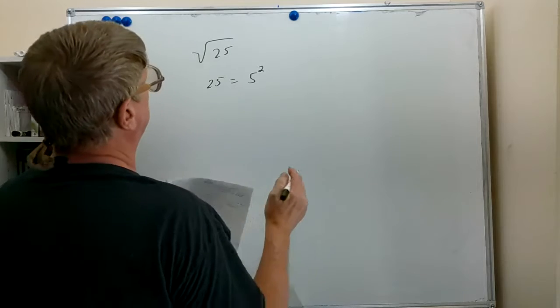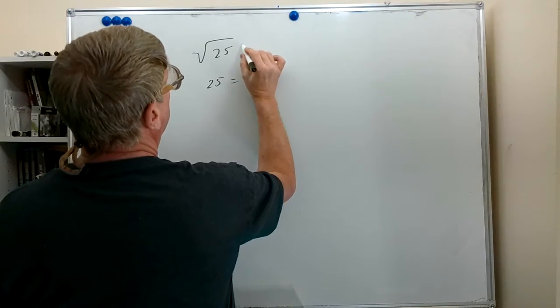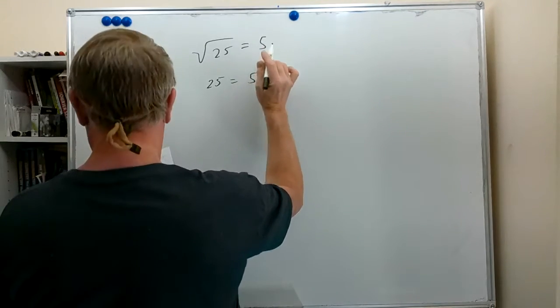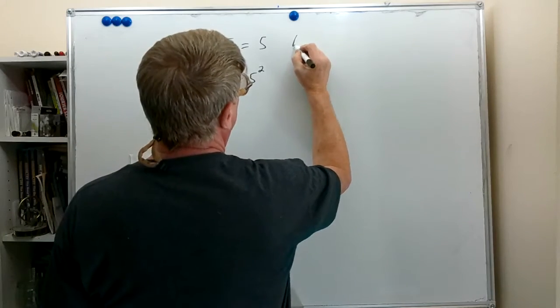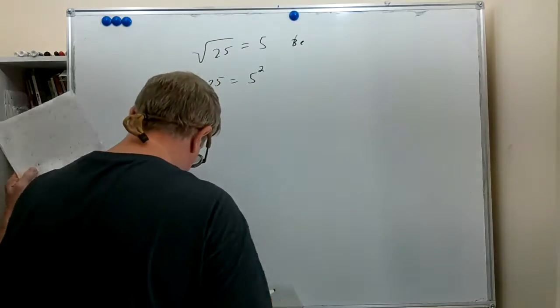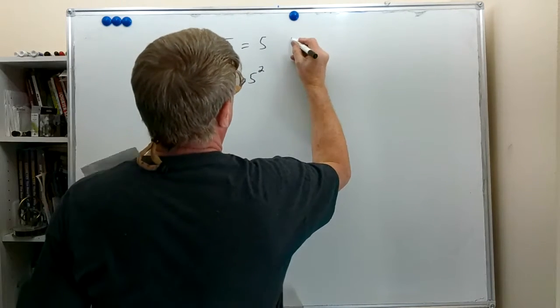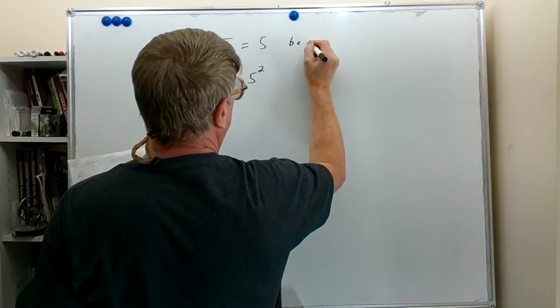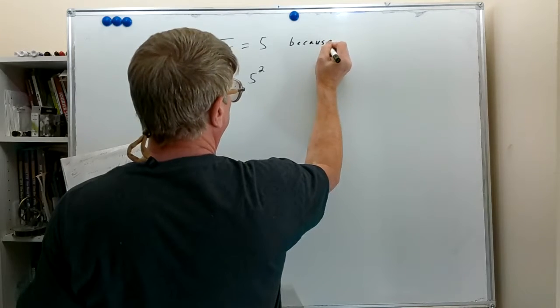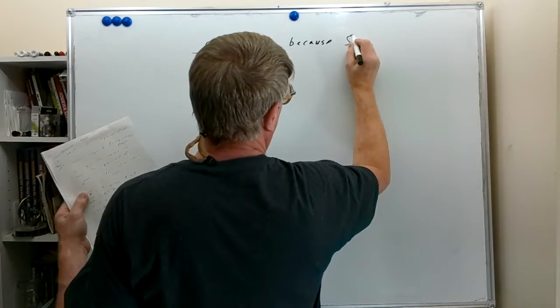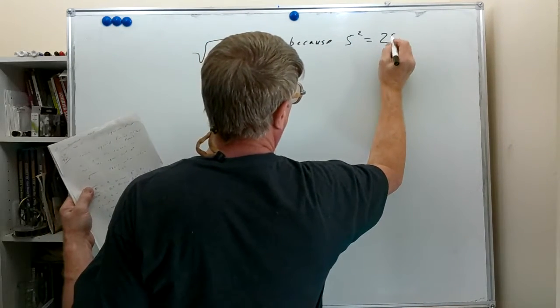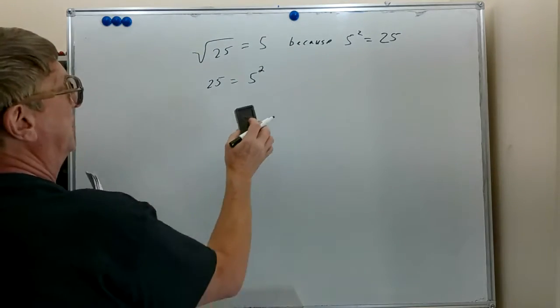We could write this: the square root of 25 equals 5, because five squared equals 25, as we've written down here.